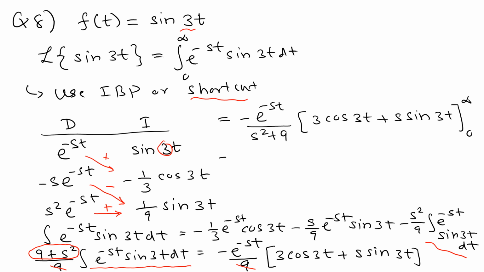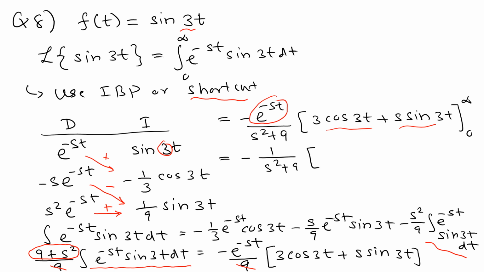Now when you evaluate, see what happened. You can see it's a negative. When you put in infinity, the whole expression is gone because of the exponential order, because this is going to dominate and this grows slowly. So at infinity it is 0. So it's going to be negative, and I'm going to pull the s squared plus 9 out.